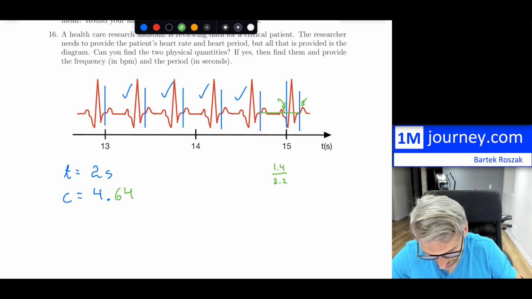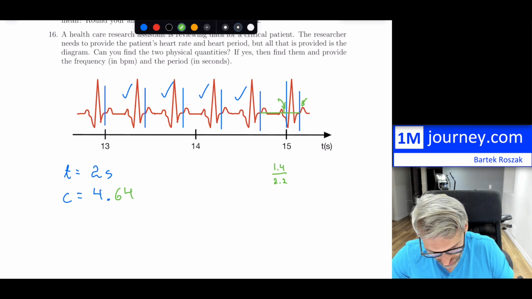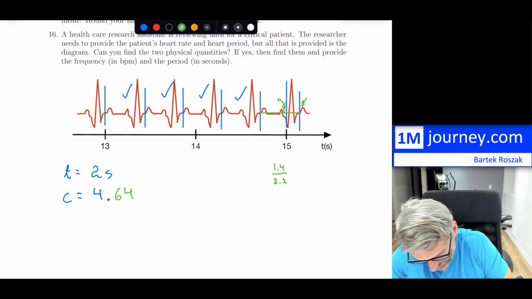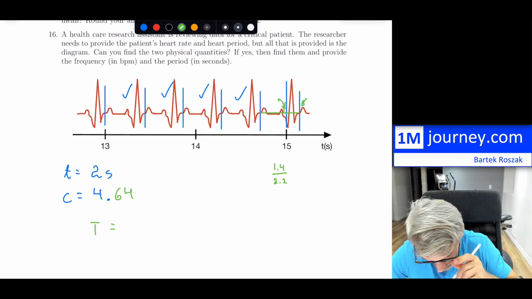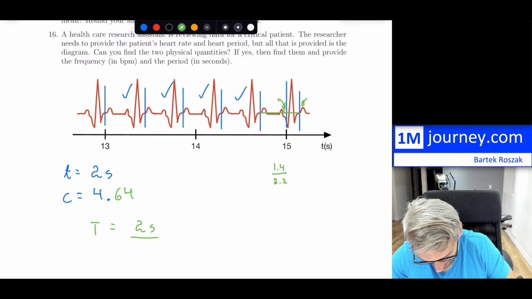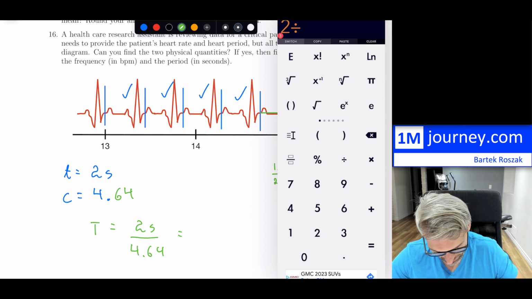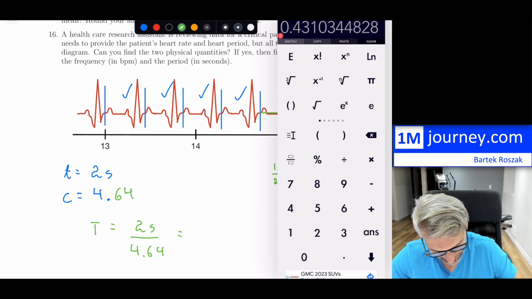Now notice this is the number of cycles that I have over 2 seconds. If I need the period, this is going to be the time. Period we want in seconds, so 2 seconds divided by 4.64 gives me approximately 2 divided by 4.64.